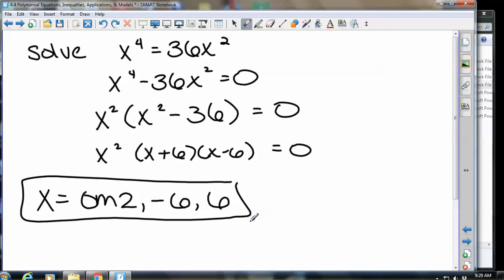So really our strategies that we've looked at: grouping, greatest common factor, and then we had that one that was kind of like a quadratic but a little bit different. Okay. Do you need extra problems on anything?